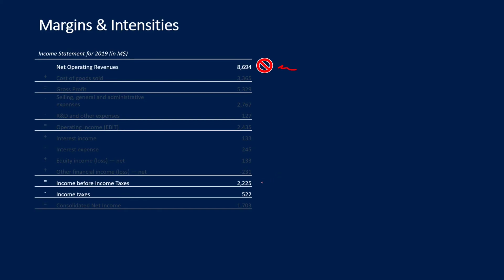But we know what drives tax. It's simply the tax base. So we can calculate something like a book tax rate, which is not the real tax rate, but the rate that we have really paid.